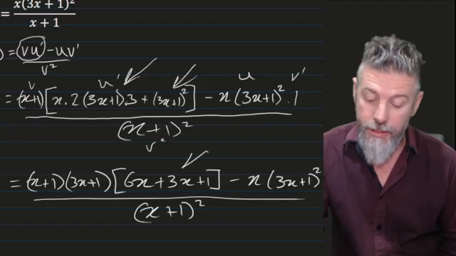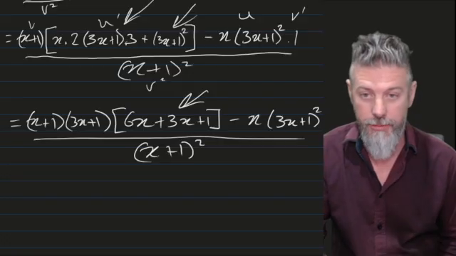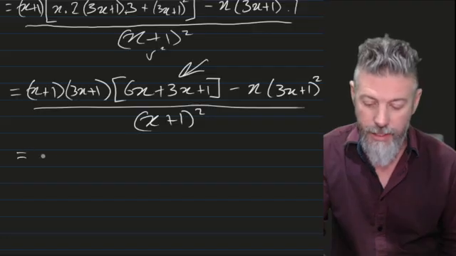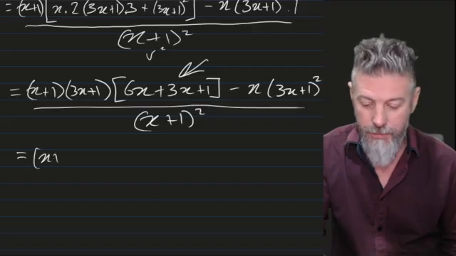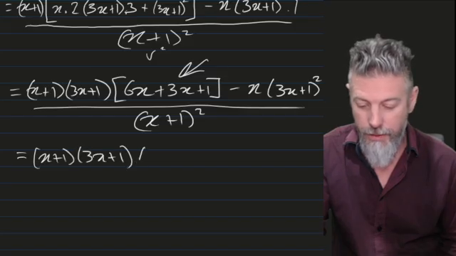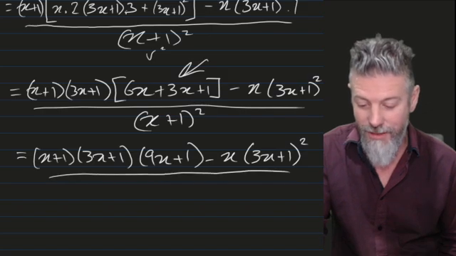Now we can tidy this part of the bracket up. We can change 6x plus 3x plus 1 into 9x plus 1. So we then go ahead and write it as x plus 1, 3x plus 1, 9x plus 1 minus x outside of 3x plus 1 squared over x plus 1 squared.